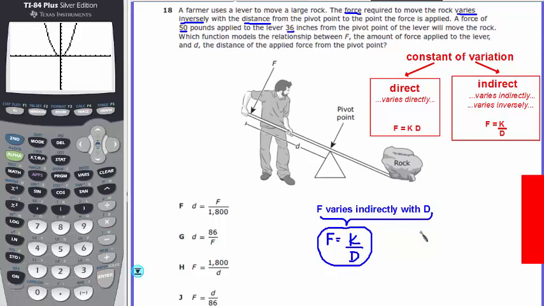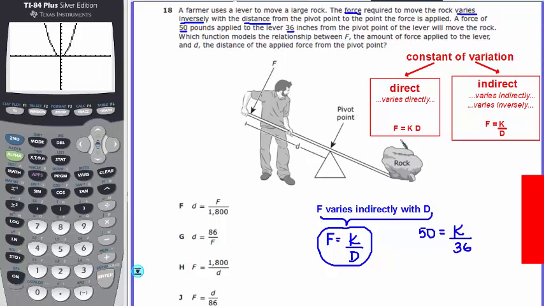To find our constant, what we're going to do is plug in those numbers that they gave us. They gave the force to be equal to 50, and they gave the distance to be 36. Okay, if you notice right here, a force of 50 pounds applied to the lever 36 inches from the pivot.